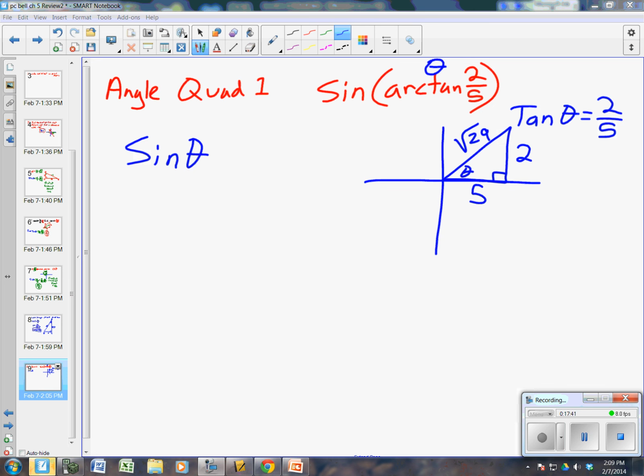And so therefore, the sine is defined to be opposite side, which is 2, over hypotenuse, which is root 29. And then I have to rationalize that. So you times the top and bottom by root 29. That gets rid of the root in the bottom, because root 29 times root 29 is 29. And the top is going to be just 2 times root 29.